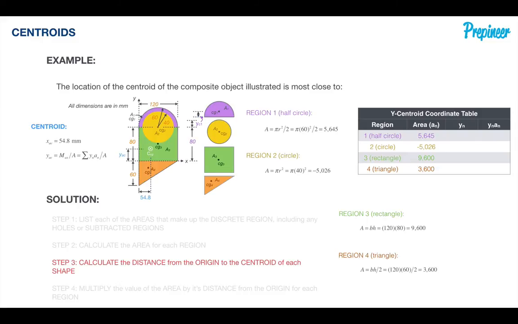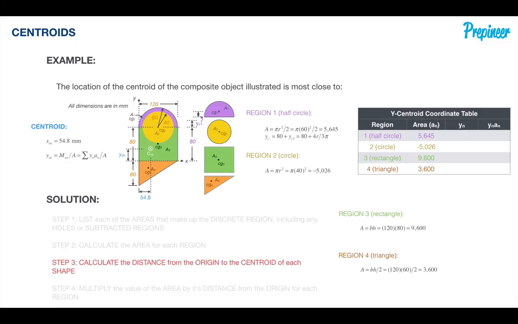Now we can move on to step 3, where we calculate the distance from the origin to the centroid of each shape we have defined. Starting with region 1, the centroid will be some distance y sub c from the bottom of that shape. But we can't fail to account for the height of the rectangle, which sits right on top of the x-axis, and that's 80 millimeters.